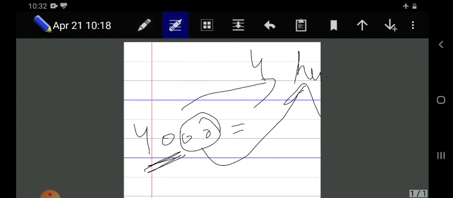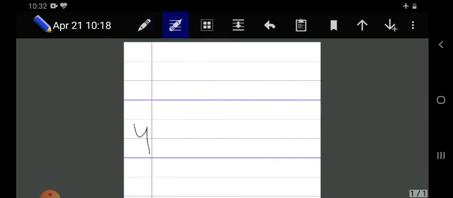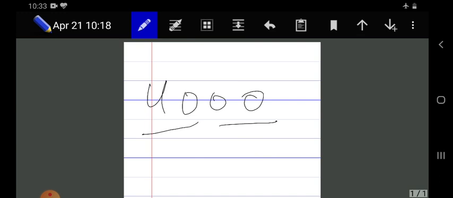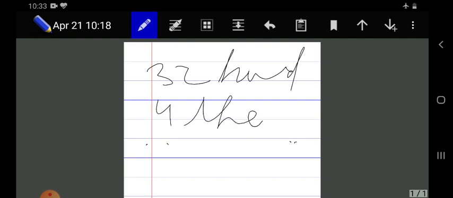One more thing I will explain. 4000 is equal to 40 hundreds. How? If we separate the zeros, in 100 we are having 2 zeros, so that means 40 hundreds. We can also say it is 4000. So in the question we have to subtract 3200 from 4000.